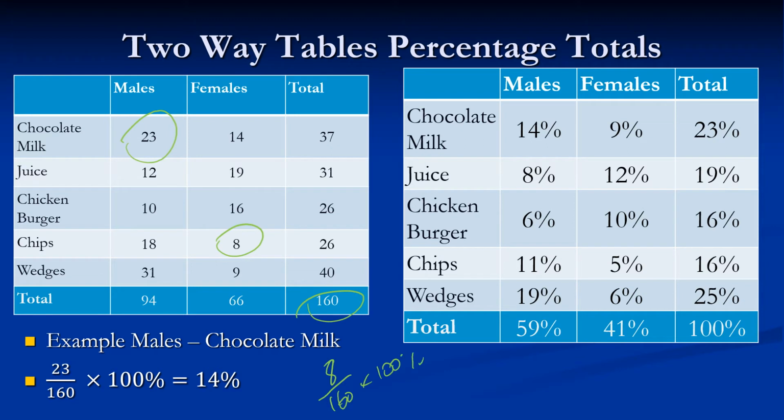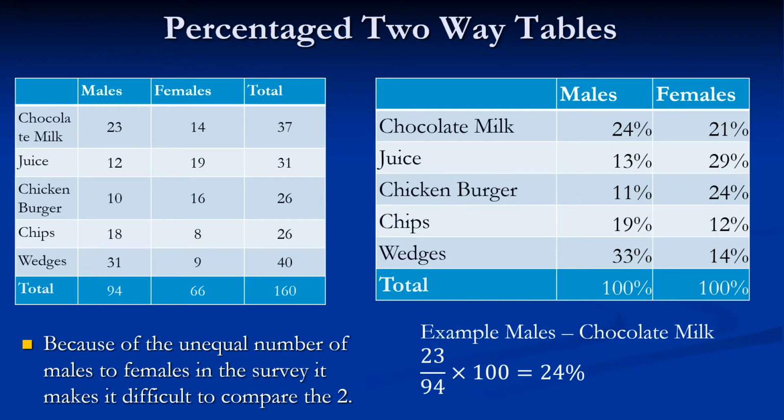So we've just now created a table with some percentages in them, but we've got a problem here that we've got an unequal distribution of males and females. So what we can do to make it easier to compare the two is a proportion of the males compared to the females. So we're just going to sum down, so do the column totals there, and if we have a look at the males that prefer chocolate milk, in this case it's going to be 23 over 94.